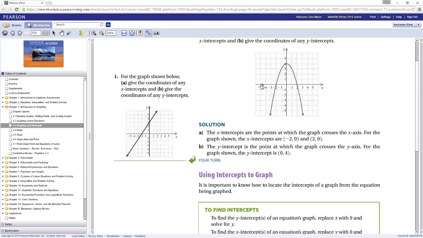Now notice that every point on the x-axis, what is the y-coordinate? Every point that I could grab on this line right here, what is the y coordinate? The second number in my ordered pair. It's always 0. So if I said, hey, what do x-intercepts always have for an ordered pair?